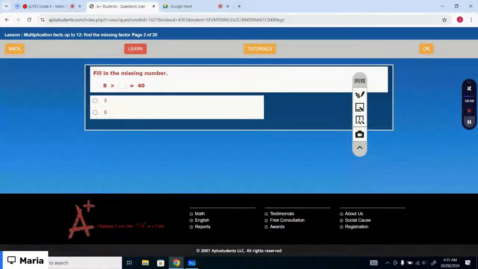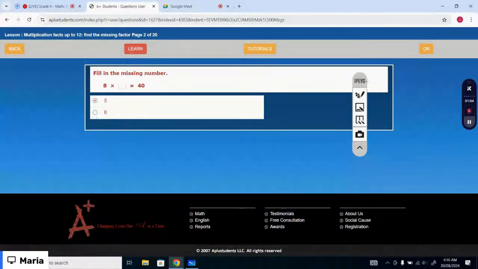The next one is 8 times what number is 40? 5 or 6, which is the correct option? The correct option is 8 times 5 is 40.